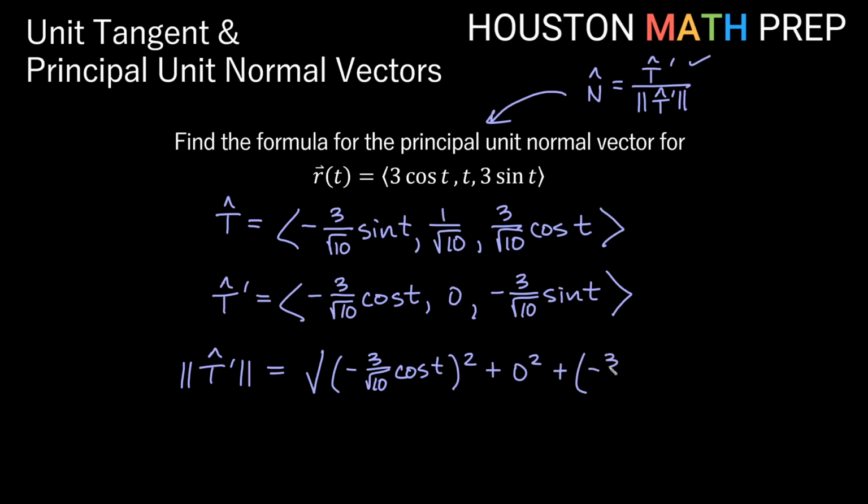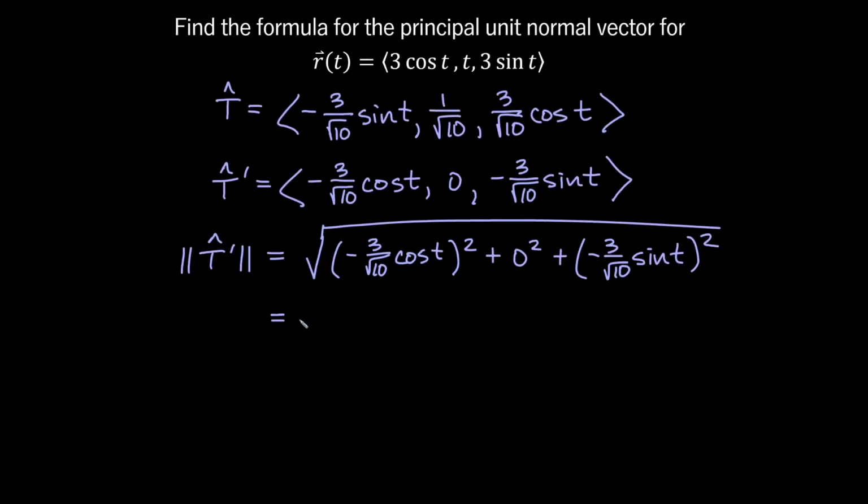Plus negative 3 over root 10 sine of t squared as well. If we give ourselves some more room here, we'll have the square root of, if I square this here, I'll actually get 9 over 10 cosine squared t plus 0, nothing there, plus we'll have 9 over 10 again, this time with sine squared t.